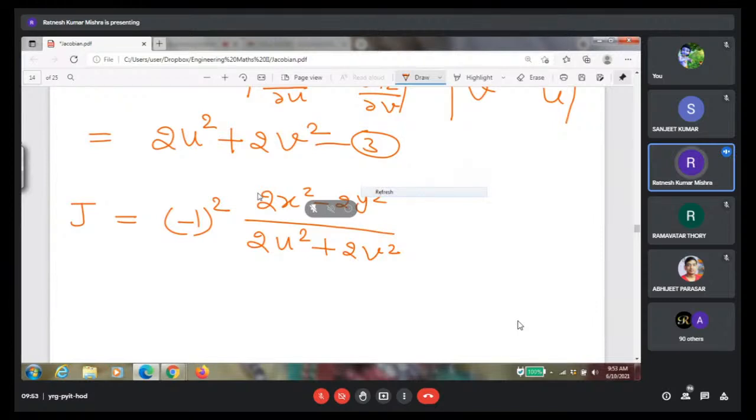So 2 cancel, minus 1 square is plus 1, so x square minus y square divided by u square plus v square.